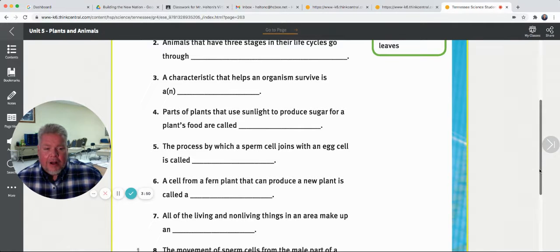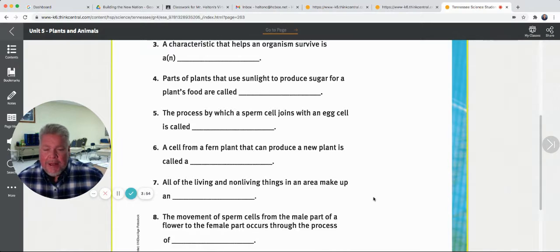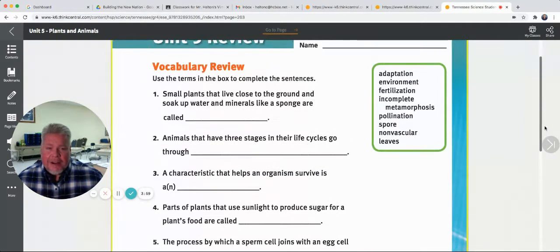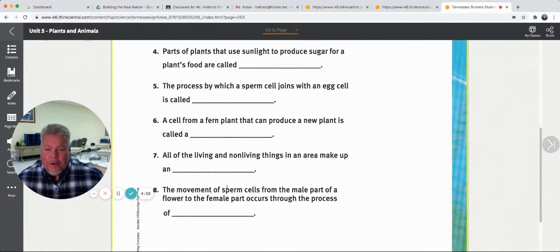7, all of the living and non-living things in an area make up the environment. Environment is all the living and non-living things in an area. And 8, the movement of sperm cells from the male parts of a flower to the female part occurs through the process of what? Notice number 5 and number 8 are close. Number 5 talks about when that sperm cell joins with the egg cell. That's fertilization.